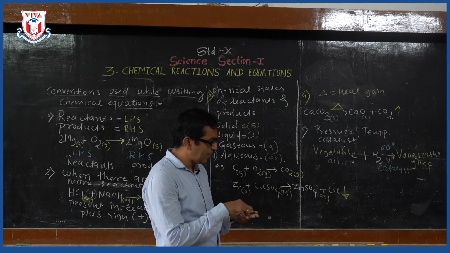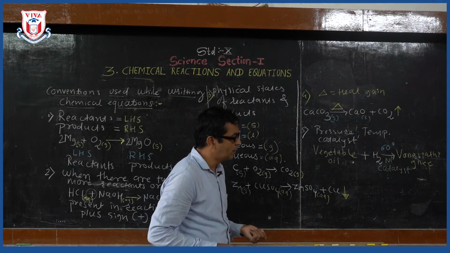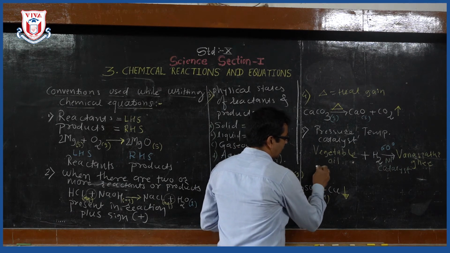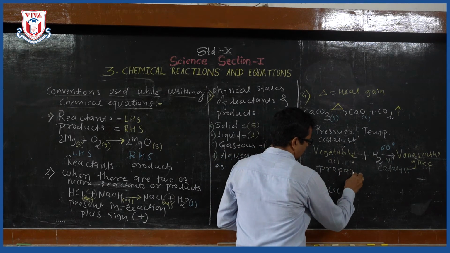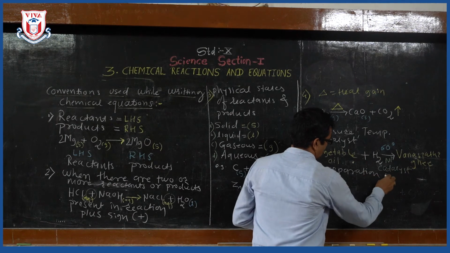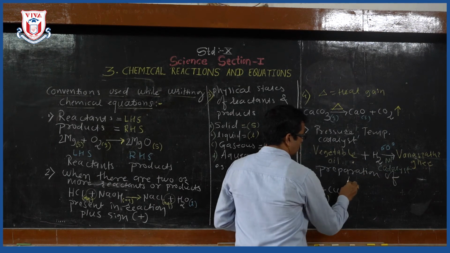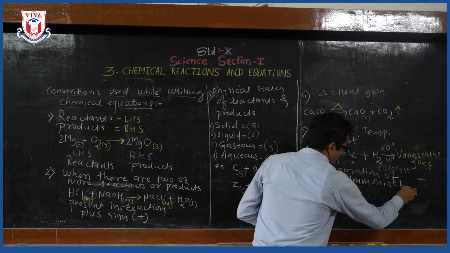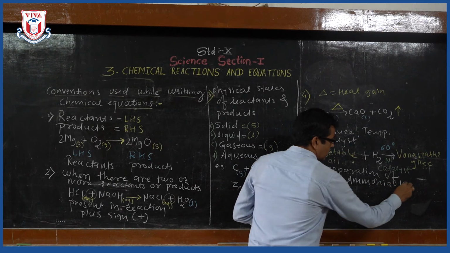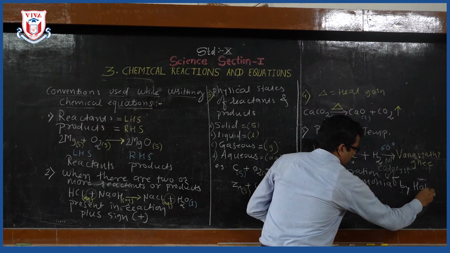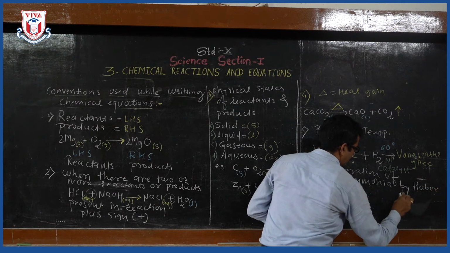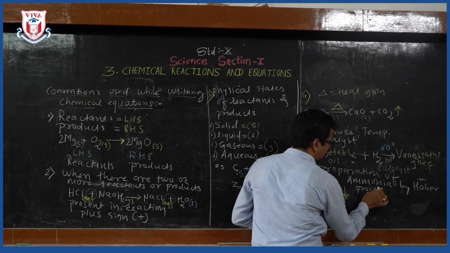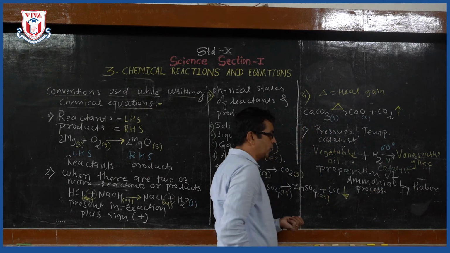Next, take one more example, the preparation of ammonia by the Haber process. Haber is the name of the scientist. He prepared ammonia.